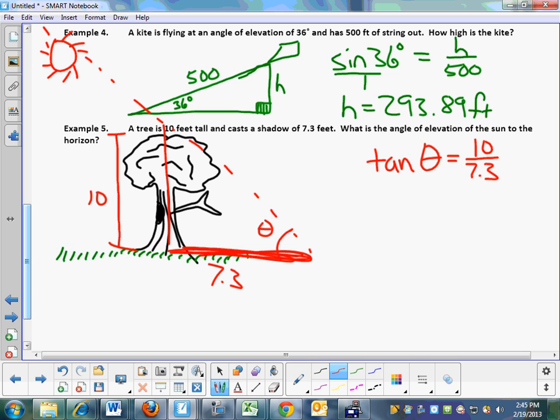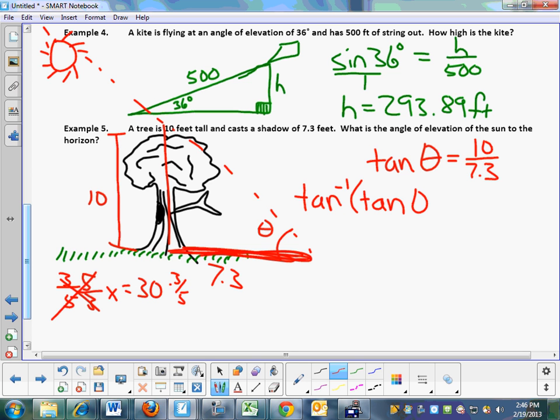Well, if I had 5 over 3x is equal to 30, how would you guys solve for that? What would you do to both sides? Multiply by 3/5, because that would leave you with only x, right? Well, the whole idea is we want to get to the variable, so we have to do what's referred to as an inverse operation. We've covered this before. Inverse operation for tangent happens to be tangent inverse.